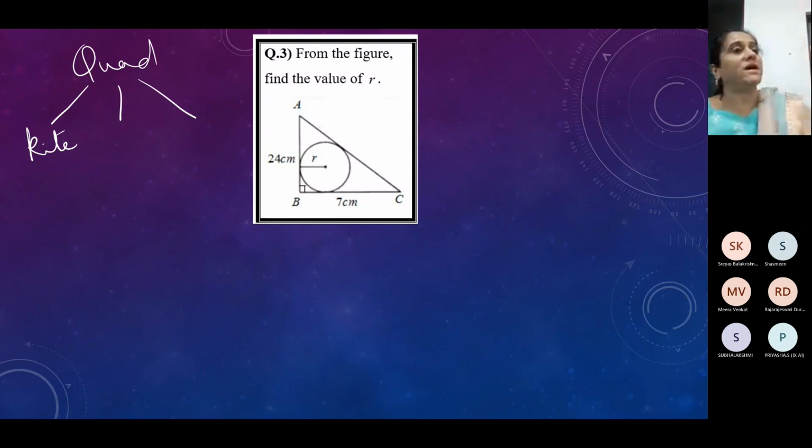One pair of opposite sides parallel is a trapezium. Both pairs of opposite sides parallel is a parallelogram. We know all this; these terms are familiar to us. No pair of opposite sides parallel, kite. One pair, trapezium. Both pairs, parallelogram.